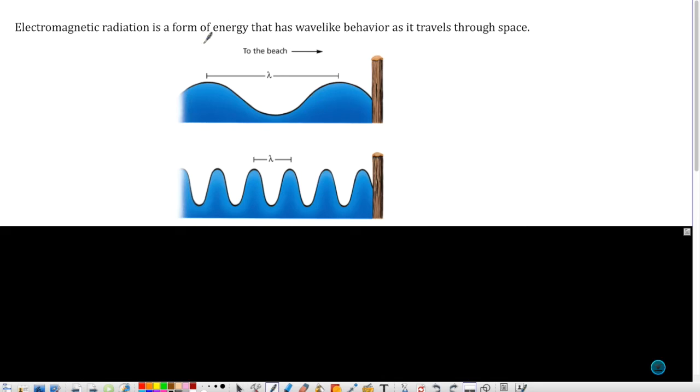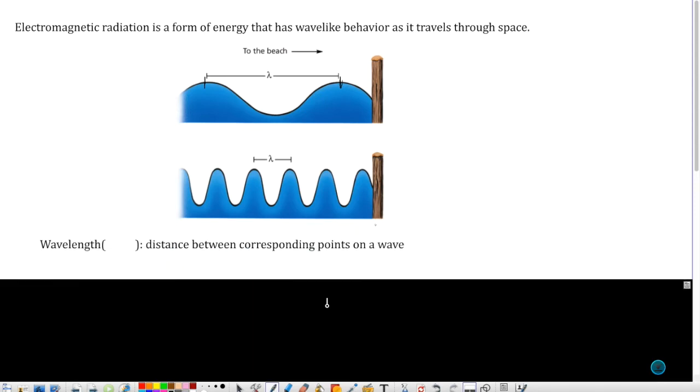The waves progress towards the beach, and the distance from the top of one wave to the top of another wave, which we call the crests, is the wavelength of that wave. And that has the Greek letter lambda. So that's just the distance between corresponding points in a wave.